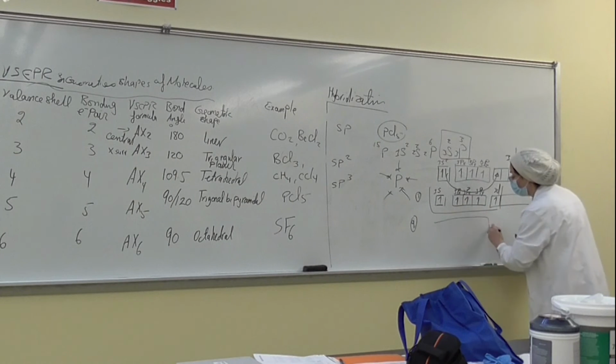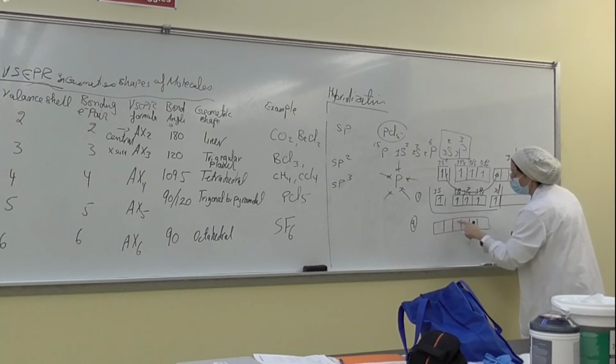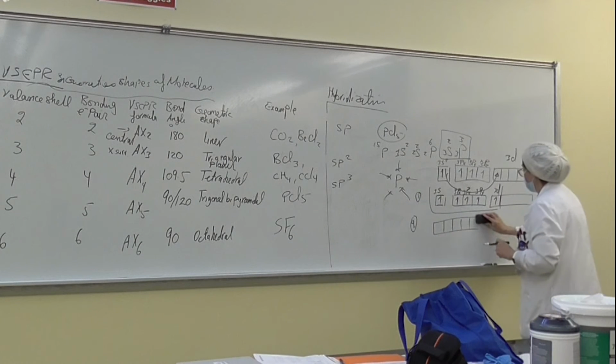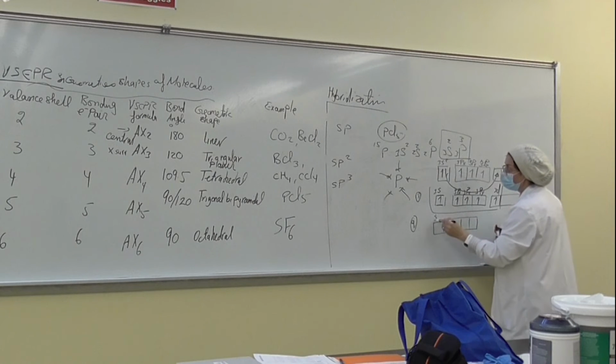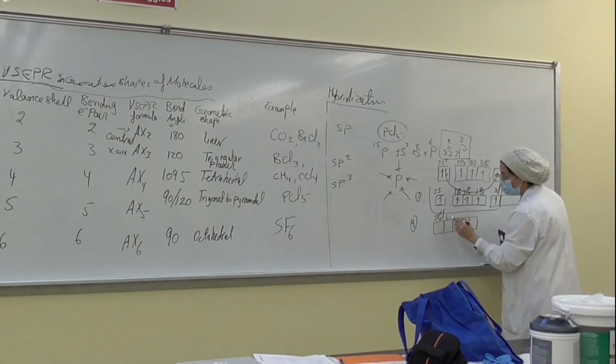What do we call the hybrid, the new one? DSP3. 1, 2, 3, 4, 5. Should be 5 of them. SP3D. You cannot start from D. SP3D, SP3D, and the last one, SP3D.